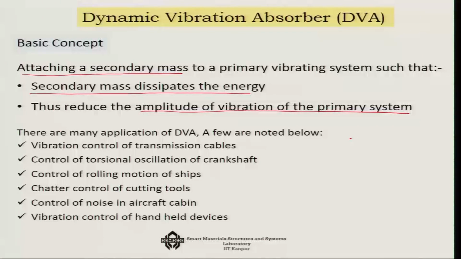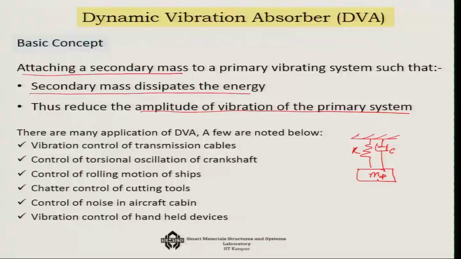So, for example, you have a primary mass system like this, with a spring and a damper. Maybe you can also make it a Kelvin-Voigt model. So, some K, some C, very small maybe, and this is MP.